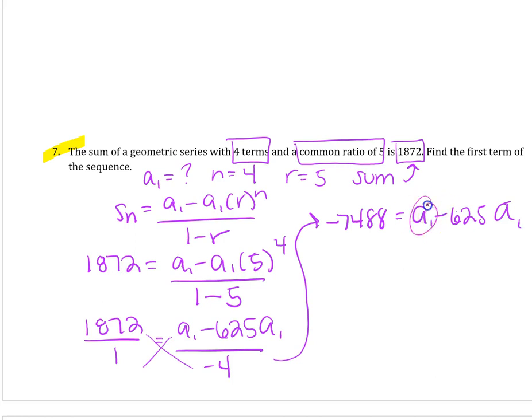They're like, how do I solve for a sub 1? There's 2 of them. Well, here's the good news, guys. The coefficient on a sub 1 is 1. These are like terms. I can do 1 minus 625 because that'll tell me how many a sub 1s I have. So negative 624.